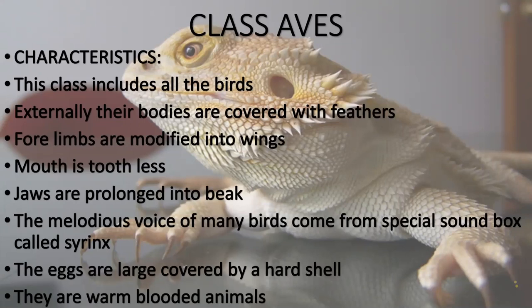They don't have teeth in the mouth. The upper jaw and lower jaw form a special structure, and that structure is called the beak.